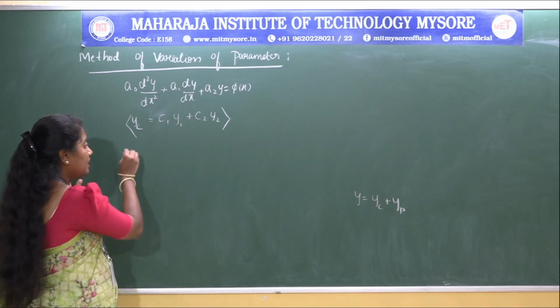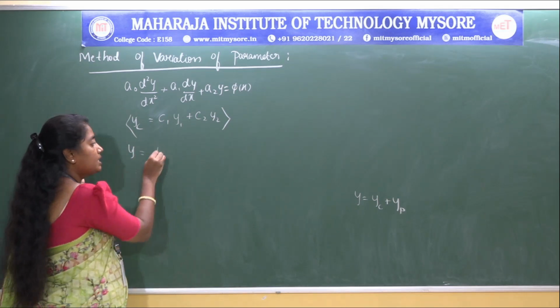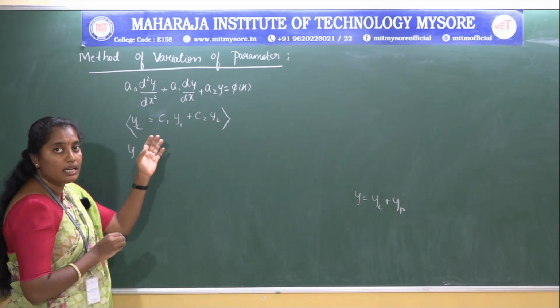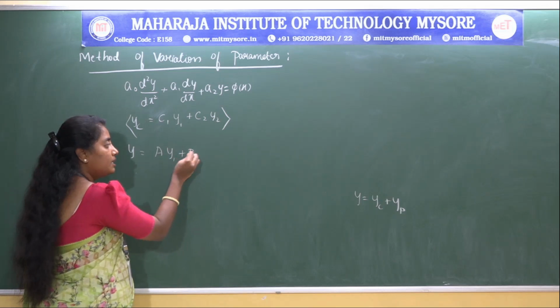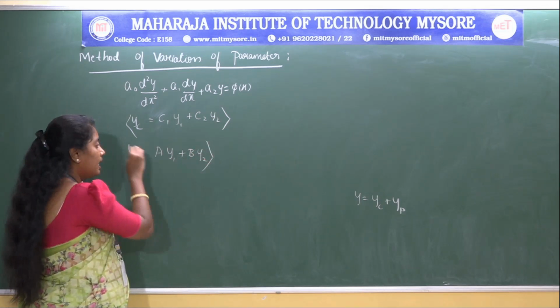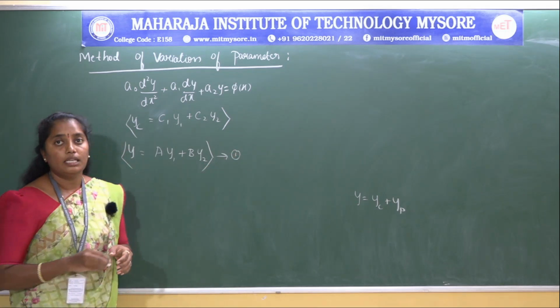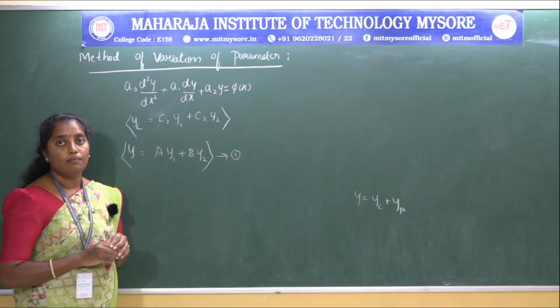To apply this method, we have to write the obtained complementary solution as y is equal to, by changing the parameters c1, c2, those constant elements, to a and b: a into y1 plus b into y2, where a and b are variable parameters here and y1, y2 are functions of the independent variable given in the problem.